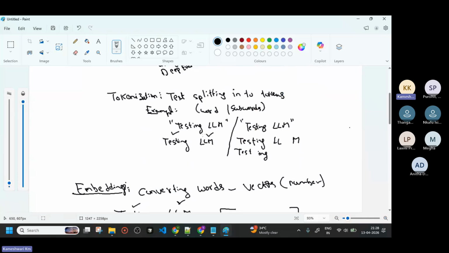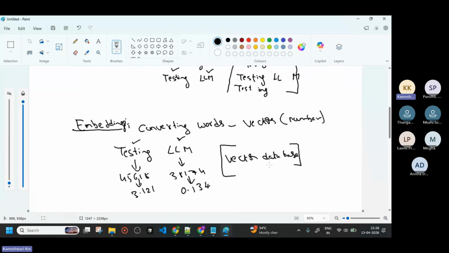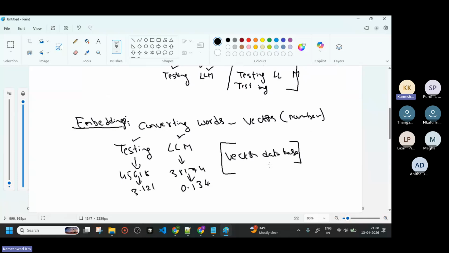This complete structure is a normal DB. Once everything has been broken down into tokens and converted into embeddings, the entire data goes into a separate database again. So we have two databases. One is a normal database and the second one is a vector database. Same thing, but everything in number form.